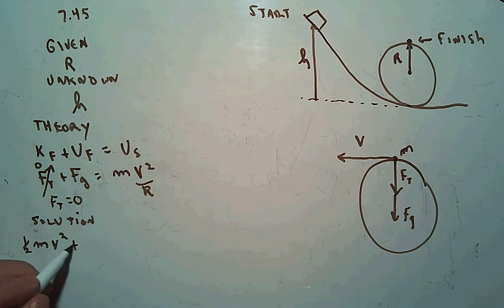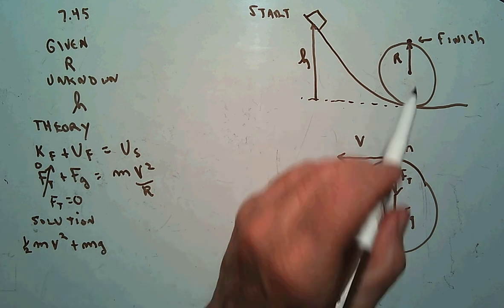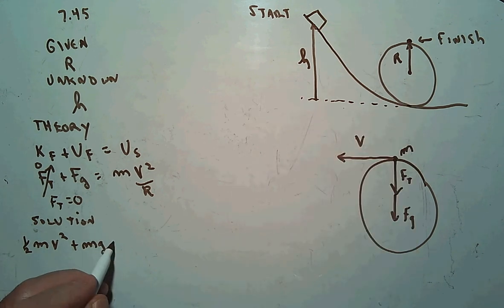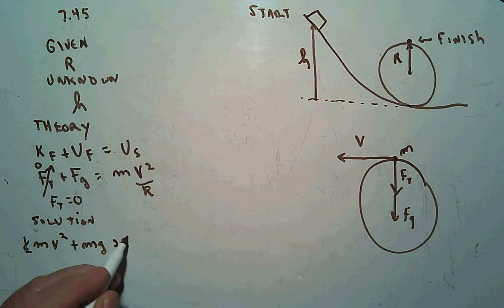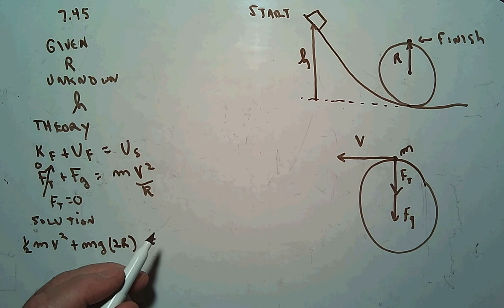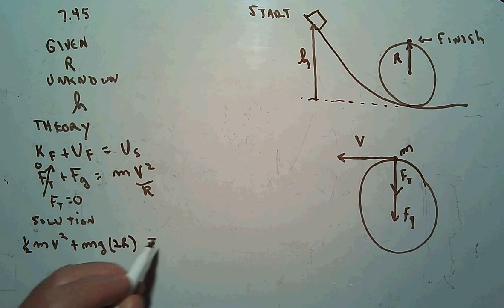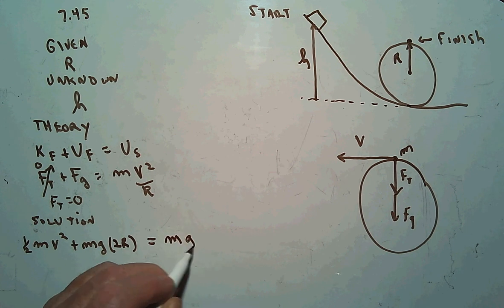It's going to have potential energy, which is mg times its height, and its height up there is 2r. At the top is 2r. That's got to be equal to the potential energy that it started with, and that's mgh.